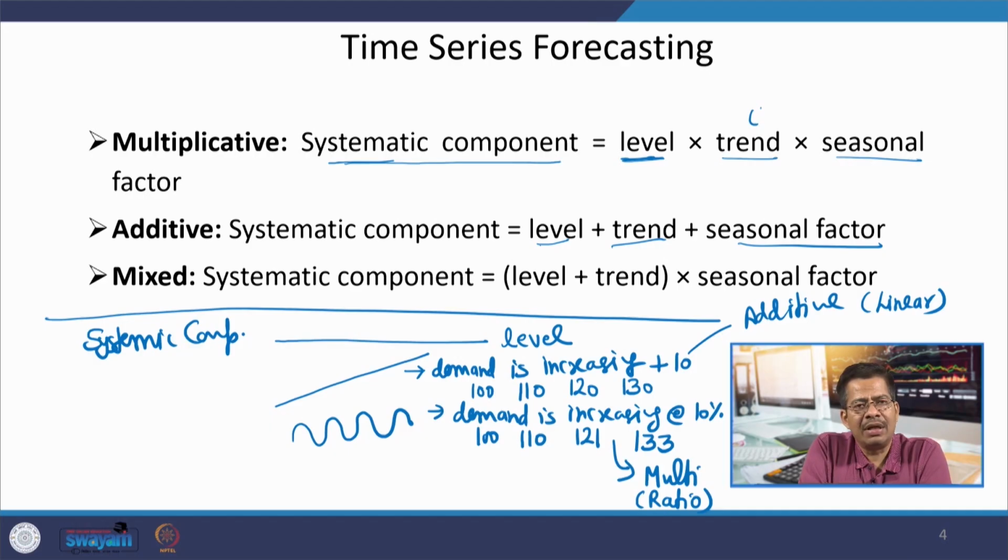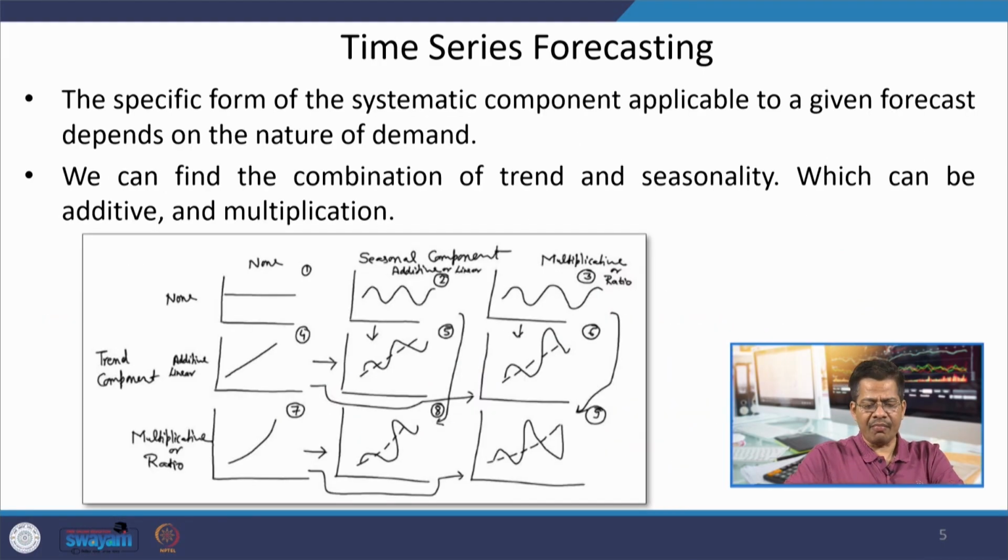Random variations are beyond our control, and if one of them is additive or multiplicative, then appropriately, like in this particular case, we have considered trend as additive and seasonal factor as multiplicative. So, in this way level plus trend multiplied by the seasonal factor will be the formula for calculating your systematic component.